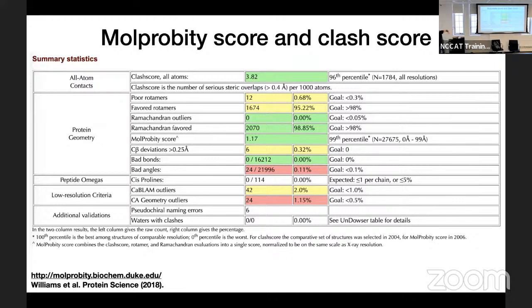And then those percentiles will be telling you how your clash score, for example, compares to all other structures either across all resolutions or in your particular resolution bin. So I think in this case, the coordinates I put in didn't have that resolution line, so it's comparing to all the structures in the PDB. But if your resolution line is there, it'll tell you the percentile, how your structure compares to structures of similar resolution.